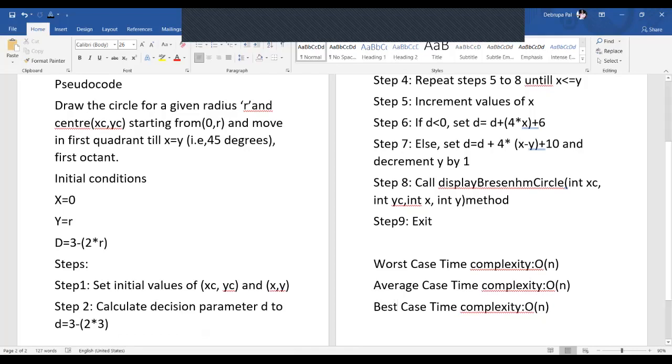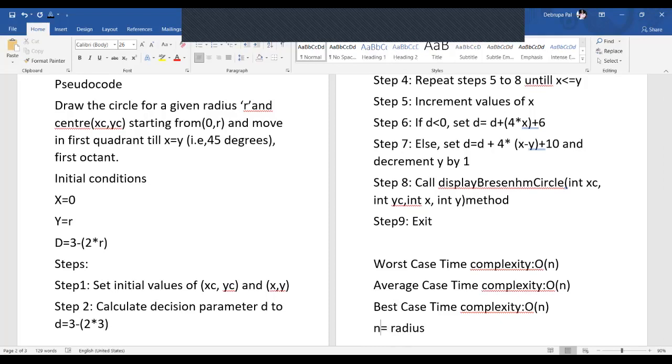And space complexity is order of 1. And what is n? n is equal to the radius of the circle. We have written the order of n, so n must be specified. n is the radius of the circle.